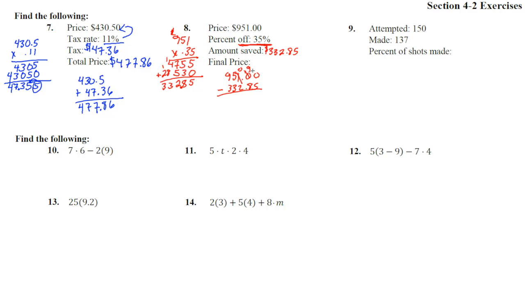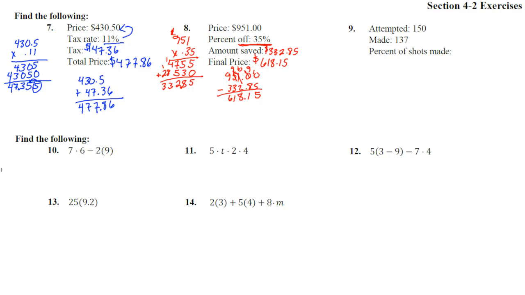Borrow that, it's now a 9, and that becomes a 10. 10 minus 5 is 5, 9 minus 8 is 1, 0 minus 2, too small, so we do that again. 10 minus 2 is 8, 4 minus 3 is 1, 9 minus 3 is 6. So the final price is $618.15. There we go.